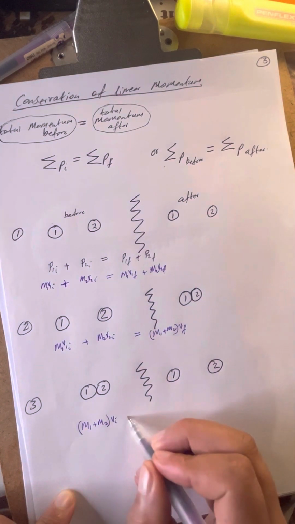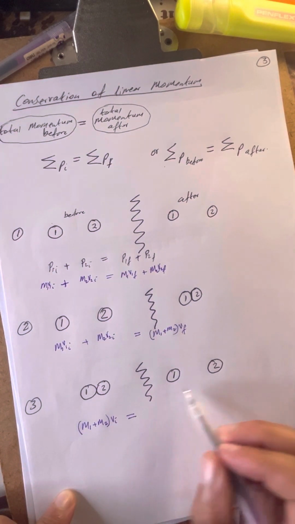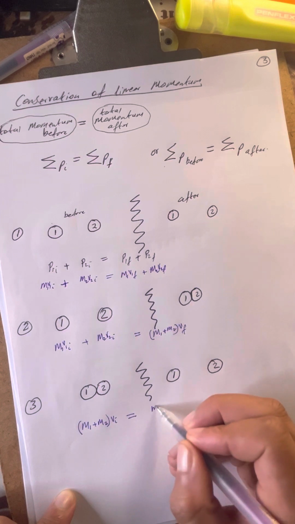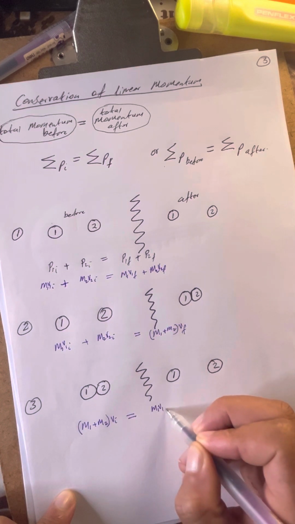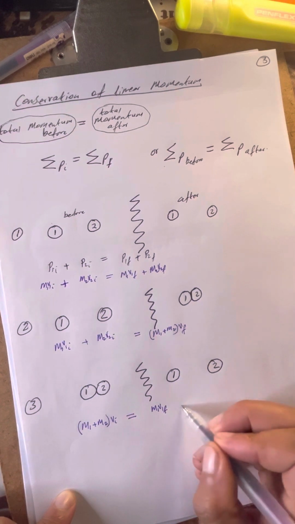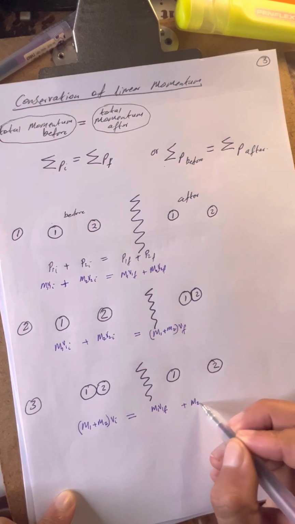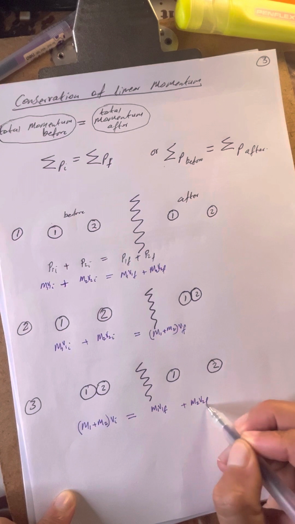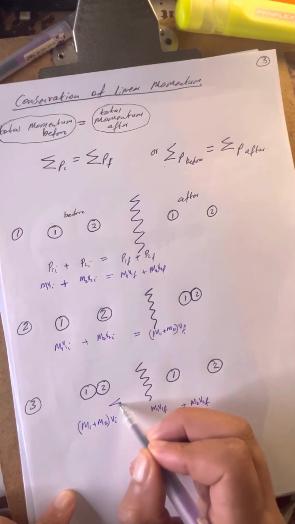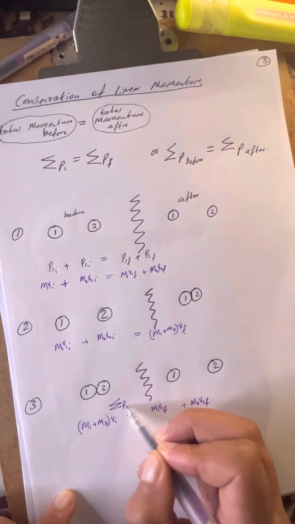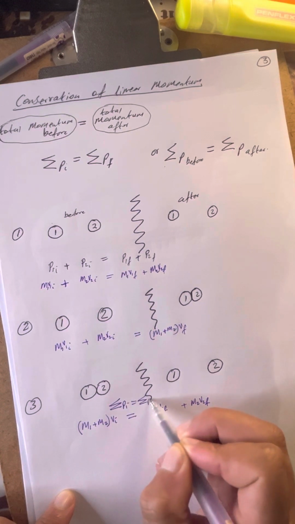They are combined, they have the same velocity before the explosion. And after, it's going to be mass 1 times final velocity of body 1 plus mass 2 times final velocity of body 2. But remember to start with the sum of momentum before equals the sum of momentum after.